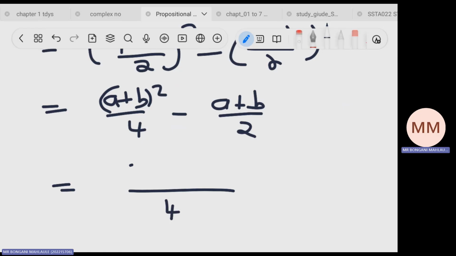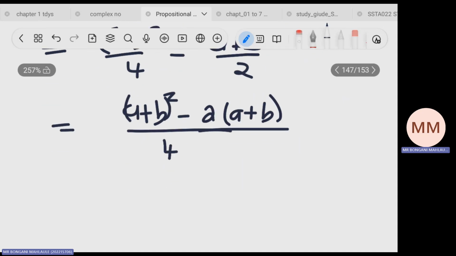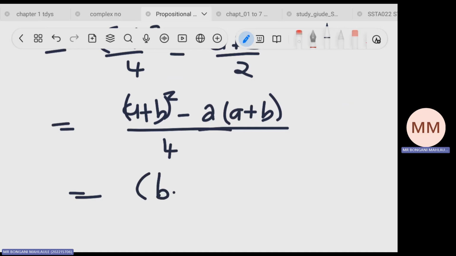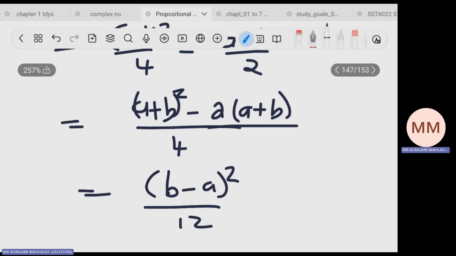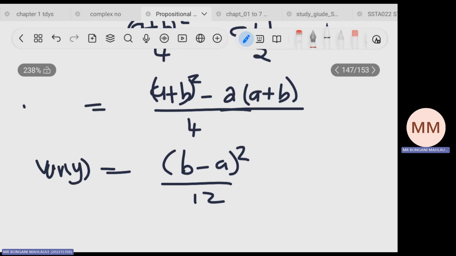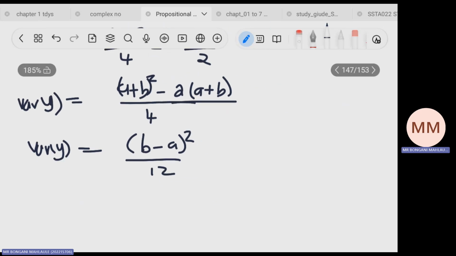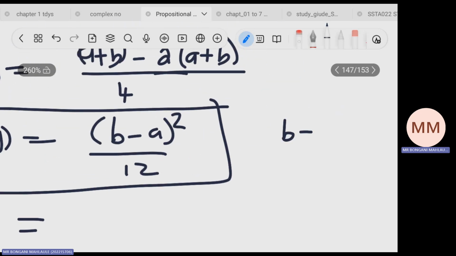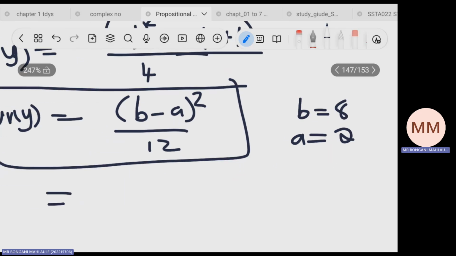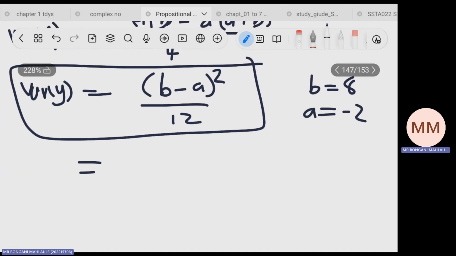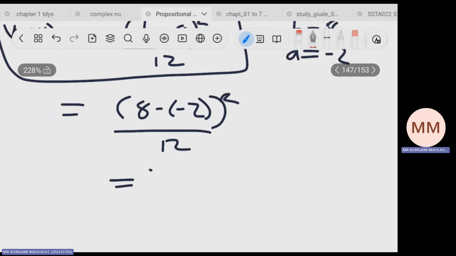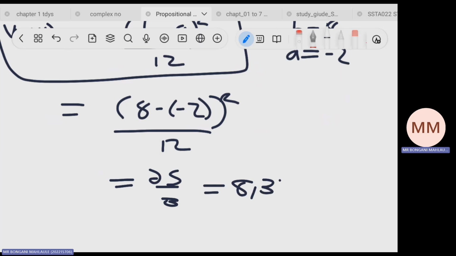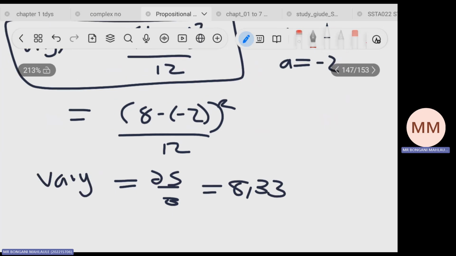Then this will be a plus b all squared minus 2 into a plus b. So after simplifying, you should get something like this. You'll also check how we derived this formula, right? Because this is how the variance will look like. And then here you just substitute. We know our b is equal to 8 and our a is equal to negative 2. So we will have 8 minus negative 2 all squared over 12. And this will be 25 over 3, which is 8.33. So that's the variance of Y.